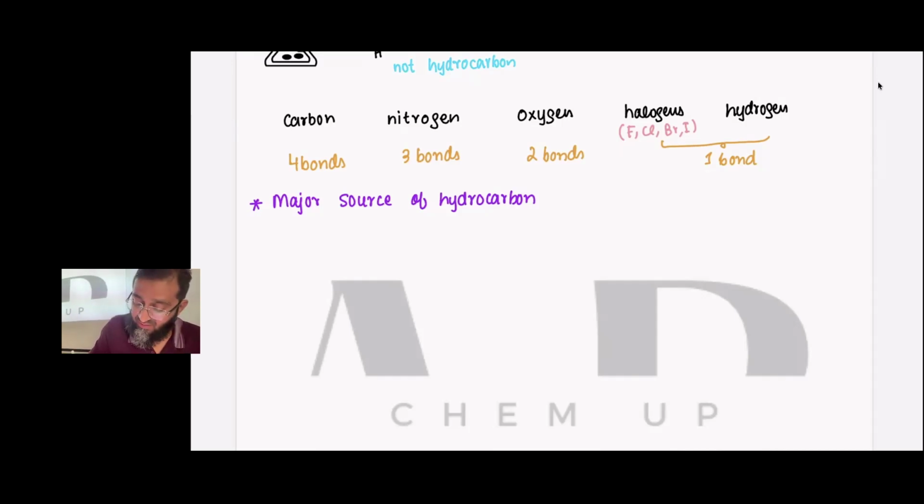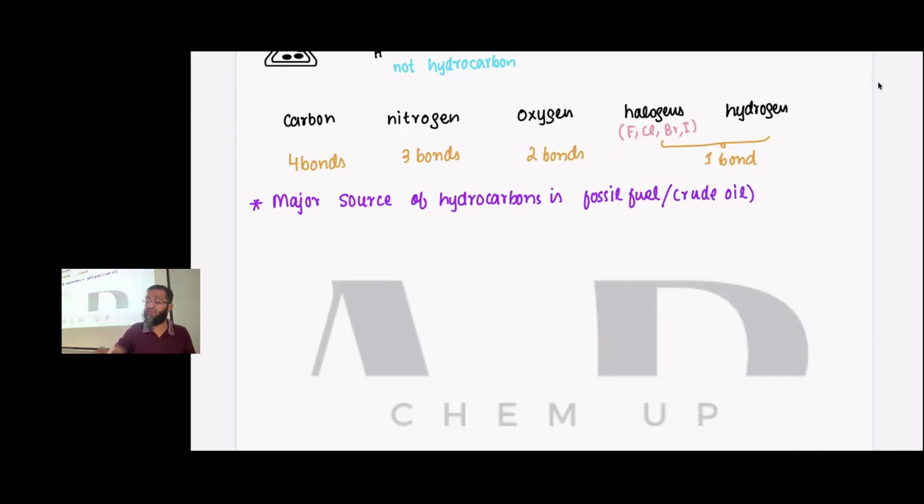So the major source of hydrocarbon is fossil fuel, crude oil. We will discuss in cracking how crude oil undergoes fractional distillation to get different fractions, and the bigger fractions can undergo cracking to get smaller fractions which are more useful.